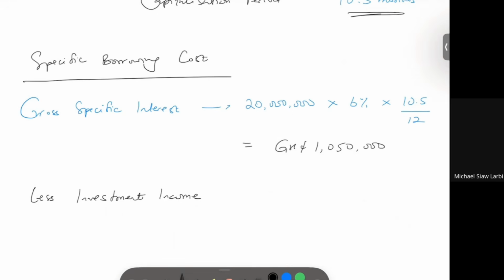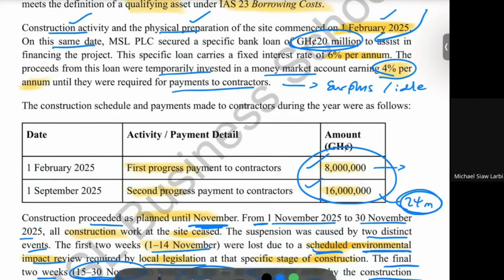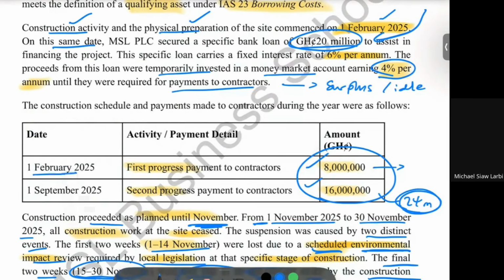The question said surplus funds are what? Invested. So let's go and check. They got the loan on 1st February. They received 20 million. They spent 8. So if you receive 20 million and you spend an amount of 8 million, you have a surplus of 12 million, which can be invested. That surplus will be invested until it is needed on 1st September.